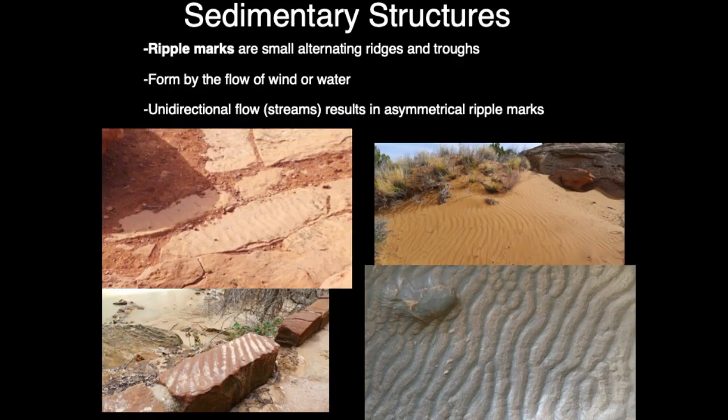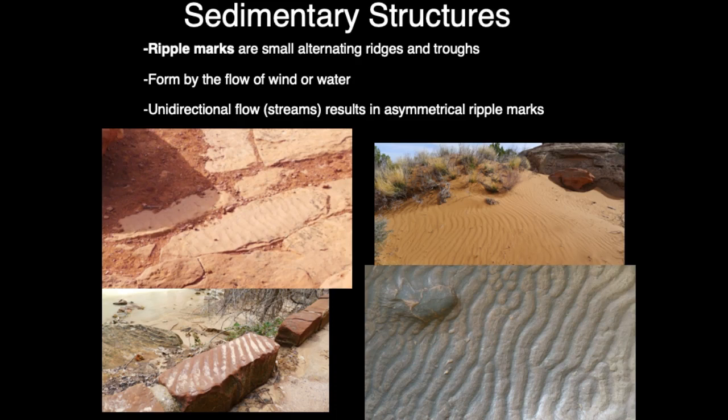Ripple marks that you see here are a feature that is typical of moving water or air. They are small waves of sand that develop on the surface of that sediment layer. The ridges form at right angles to the direction of motion. And if the current only has one direction of flow, they will have a steeper side on the down current side and a more gradual side on the up current side. Those ripple marks with a changing direction of flow are oscillating ripple marks, and they will be nearly symmetrical.